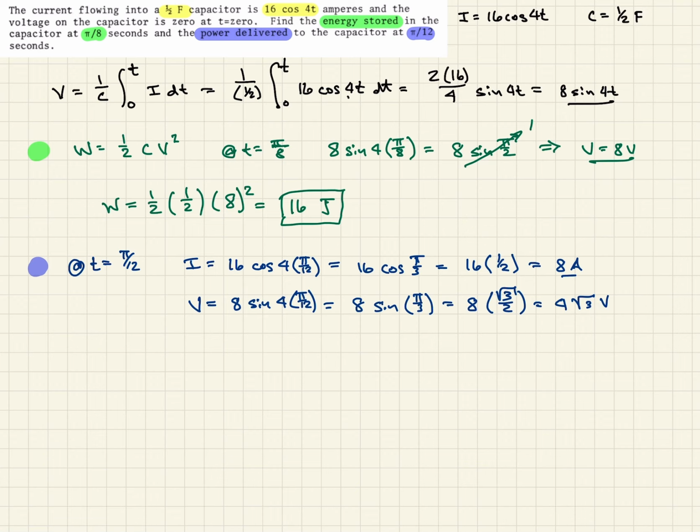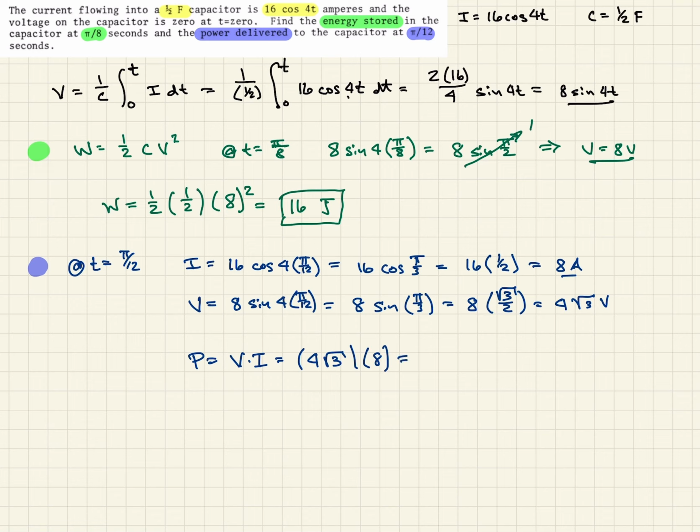So then we need to calculate the power. So we recall that power is just equal to the voltage times the current. So in this case, the voltage is 4 times the square root of 3, and the current is 8.